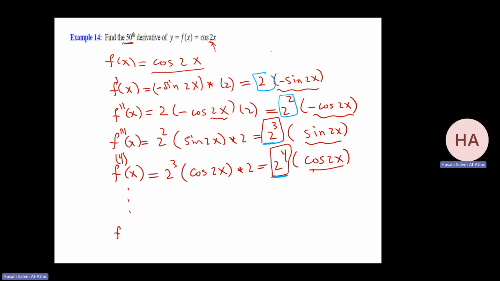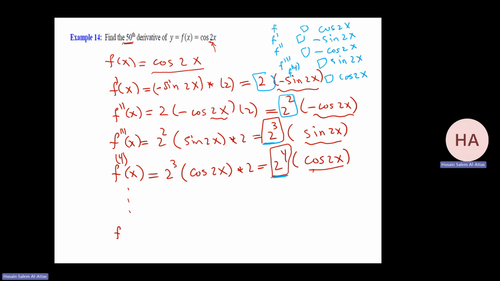The function, without the number, goes cosine 2x, minus sine 2x, minus cosine 2x, sine 2x, cosine 2x, times the number. I don't write the number; we'll talk about it later. Because of that, I do it this way. So this is f prime, f double prime, f triple prime, f fourth.